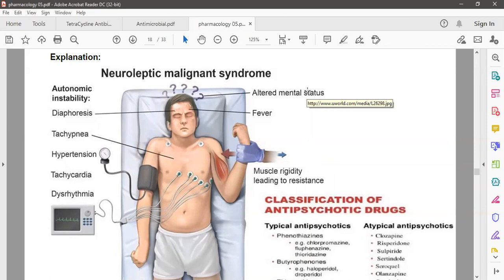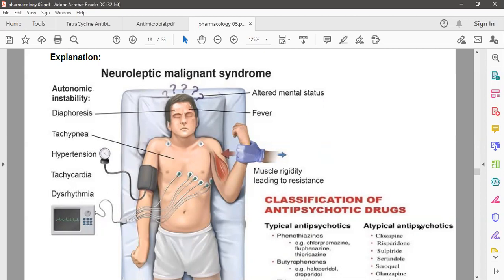This is another major side effect. It means the patient has irregular movement of the tongue, so the tongue protrudes outside.